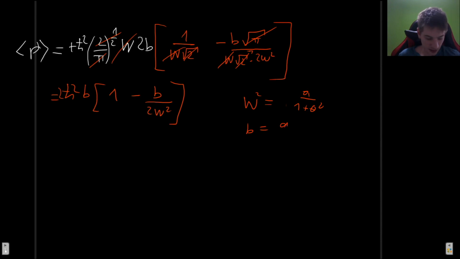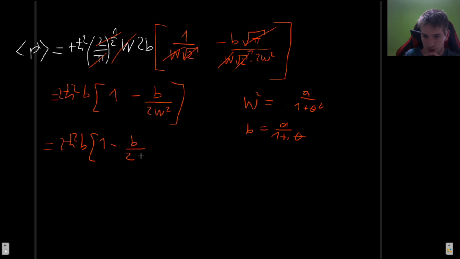Yeah, b is a divided by 1 plus I theta. So let's see, if we now replace that here, we get 2h bar b 1 minus, let's begin only replacing the w squared, so we get 2a, and 1 plus theta squared over there.